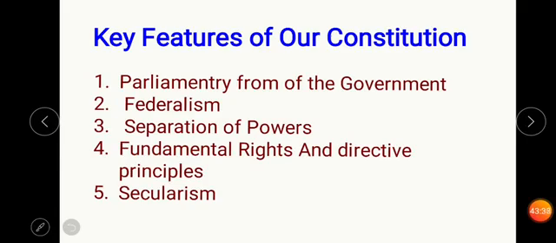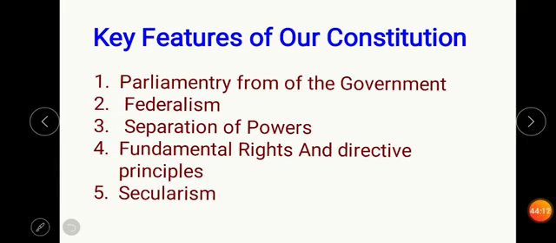It means the founding fathers of the constitution borrowed some different provisions from different countries. Okay, and why did they borrow? Because if something has been experimented with, it can easily be implemented or executed in a country like India.